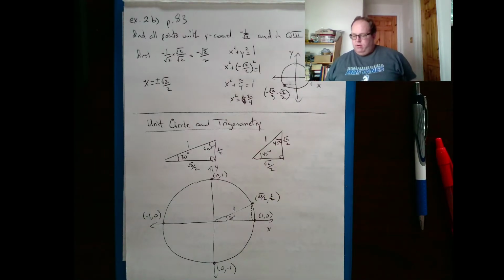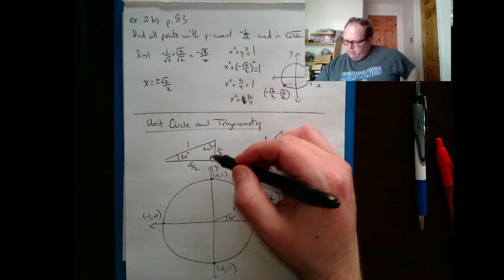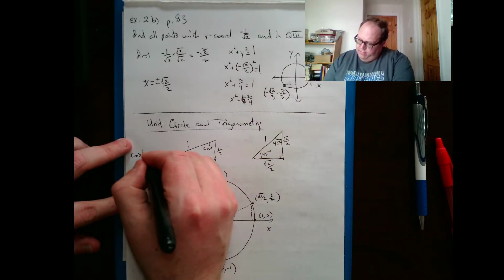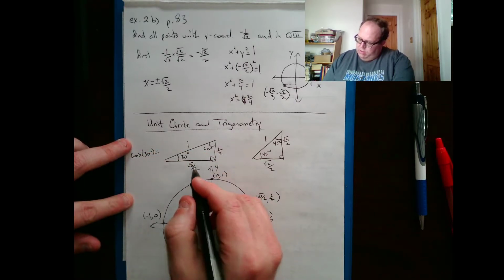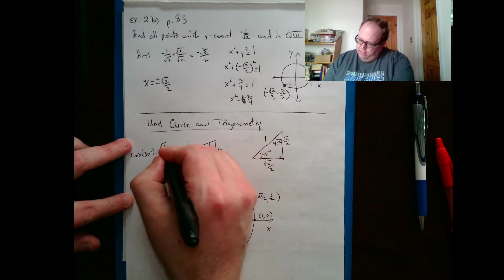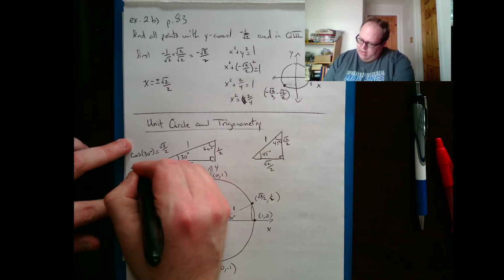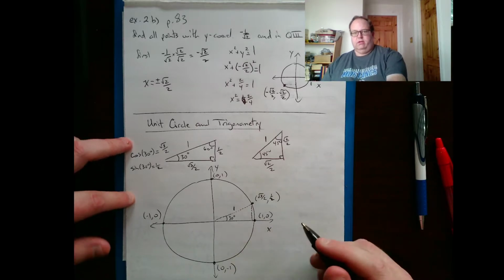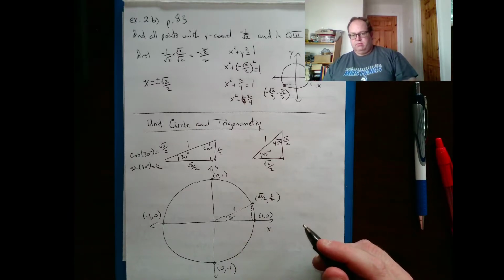But what else do I know about that? From this triangle, I know that the cosine of 30 degrees is equal to √3/2, and the sine of 30 degrees is equal to 1/2. And those are the two coordinates here on this point in the unit circle.